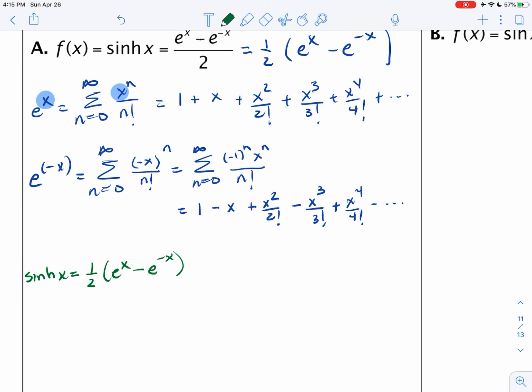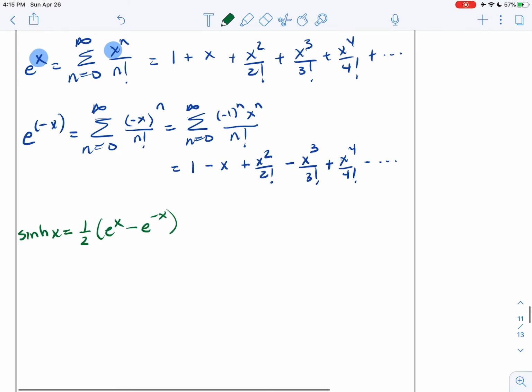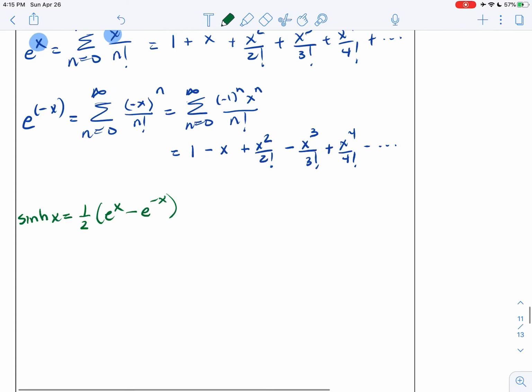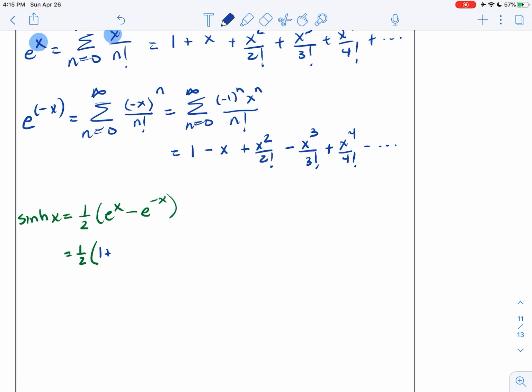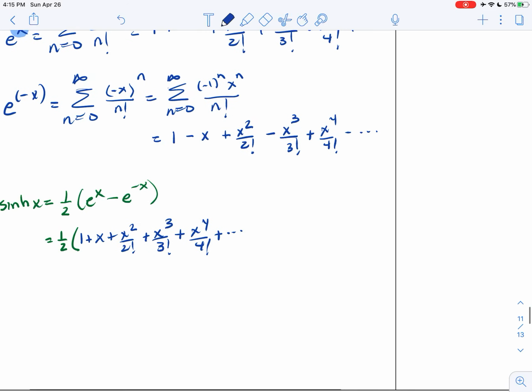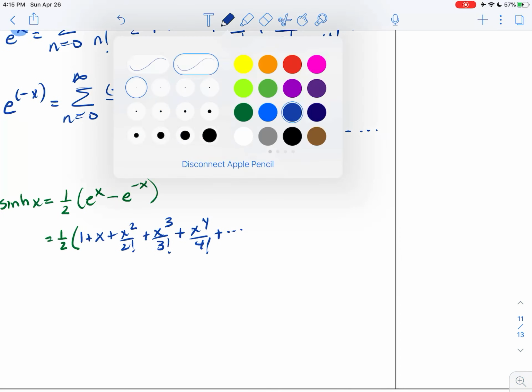So now, when I form my hyperbolic sine, I have that that's equal to 1/2 times e to the x minus e to the minus x. That is the definition of hyperbolic sine. I'm just going to write out the first couple of terms and see where I go. So this is going to equal 1/2, and I see that e to the x is 1 plus x plus x squared over 2 factorial plus x cubed over 3 factorial plus x to the 4th over 4 factorial plus dot, dot, dot.